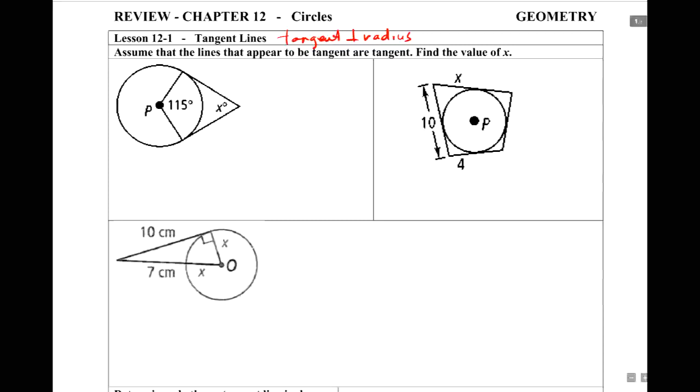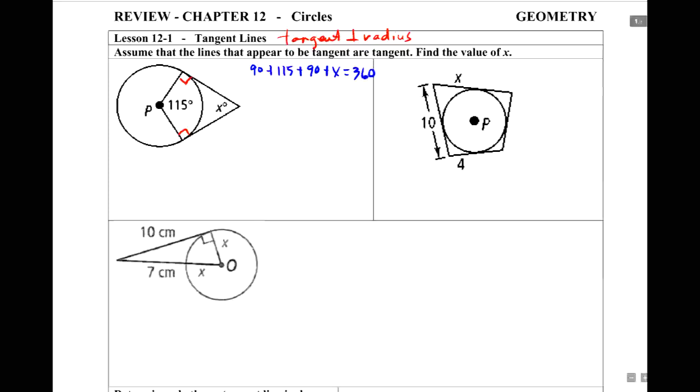It says, assume that the lines that appear to be tangent are tangent and find the value of x. So in the first problem here, I see a quadrilateral. I see two radii in our circle here, and I see two tangent lines. That means I know that these are perpendicular, and I know that in a quadrilateral, 90 plus 115 plus 90 plus x equals 360 degrees.